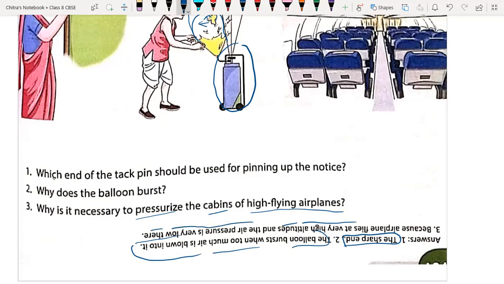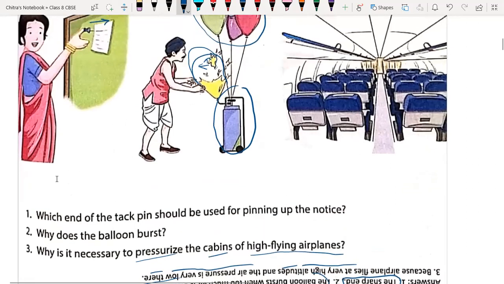That's why we have to maintain the surrounding pressure inside. Because if there is low pressure inside the cabin, then our veins and arteries are going to burst.